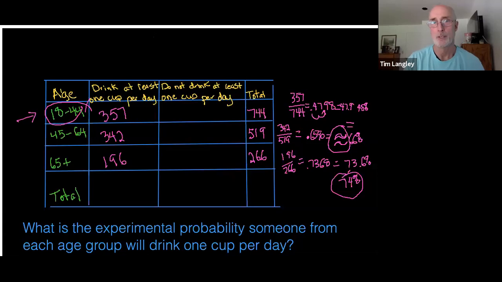So that is how we calculate experimental probability and also relative frequency. It's the same formula. Divide how many times it happened by the total that were surveyed, get a decimal, change the decimal to a percent, and you have both relative frequency and experimental probability. I hope this was helpful.